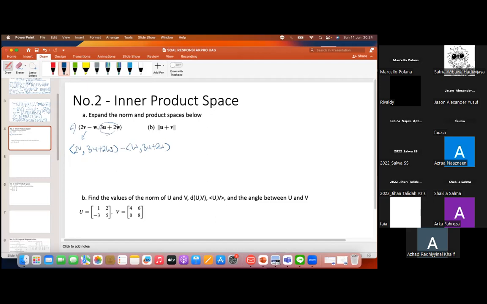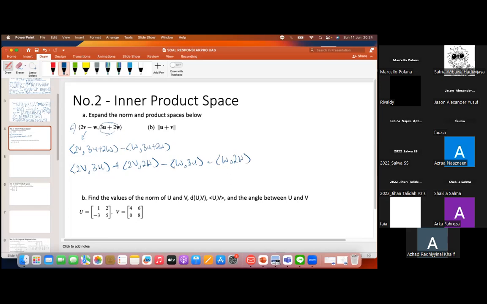And then we can continue to expand this to get 2v, comma 3u plus 2v, comma 2w minus w, comma 3u minus w, comma 2w.